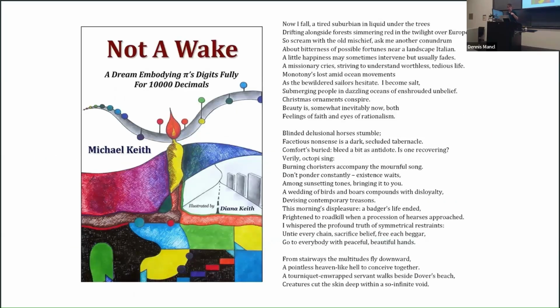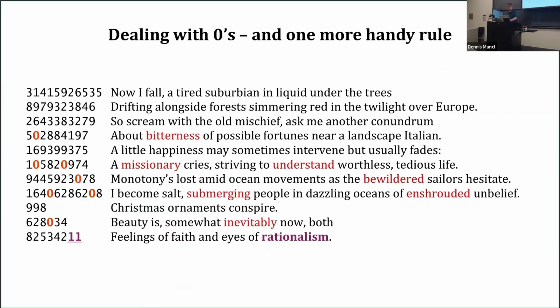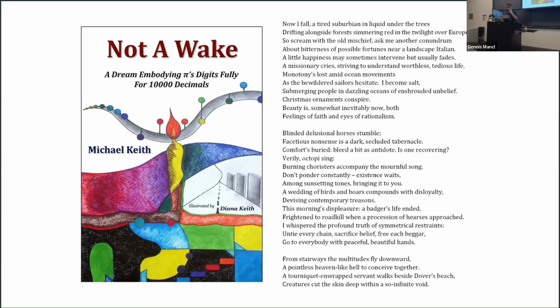You might recognize the author's name. That goes to 10,000 digits. And this thing here is the very first words of that book. It's poetry, prose, a whole combination of a lot of things. I deliberately change genre every 1,000 digits to make it more interesting.